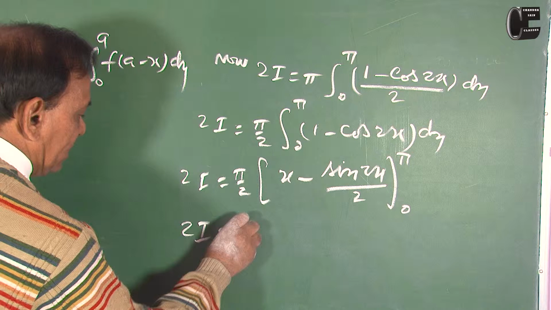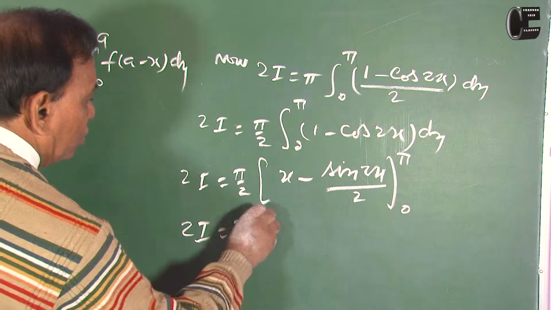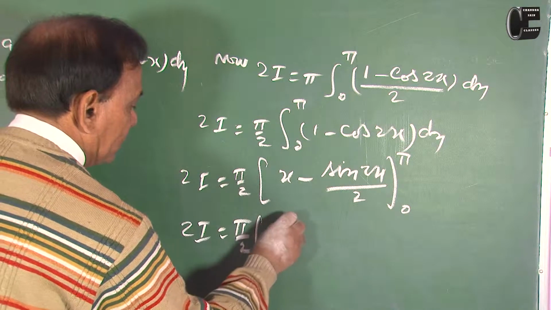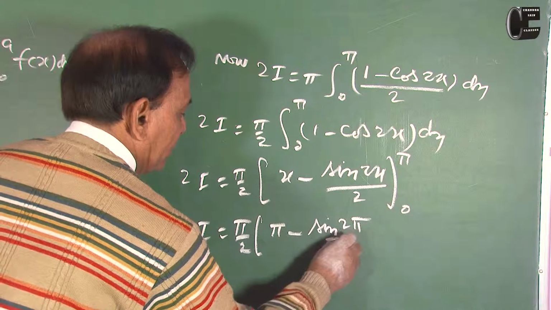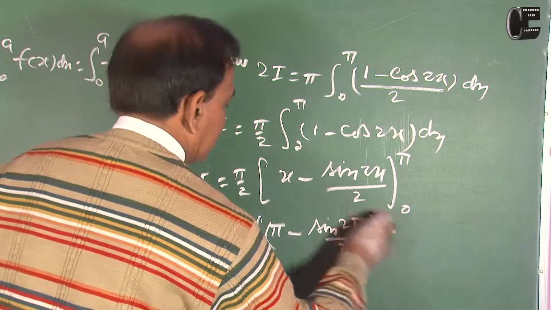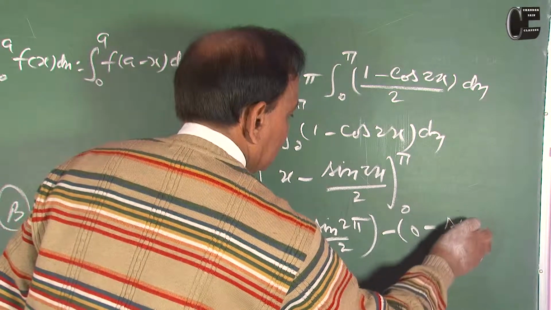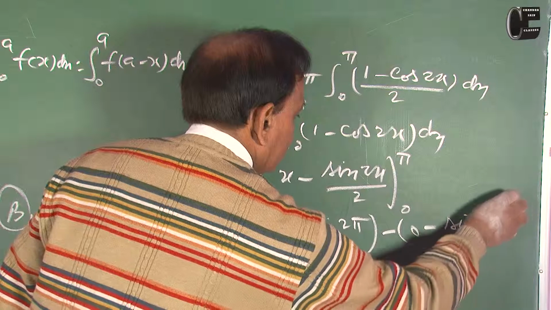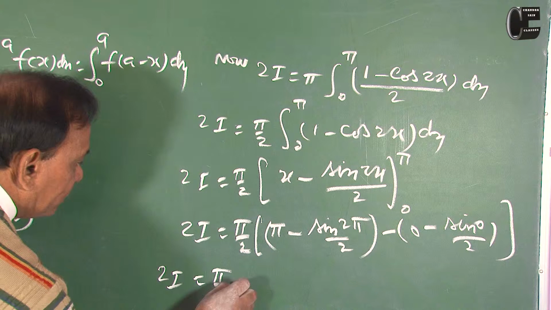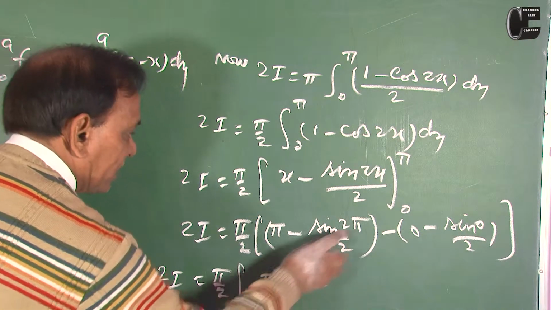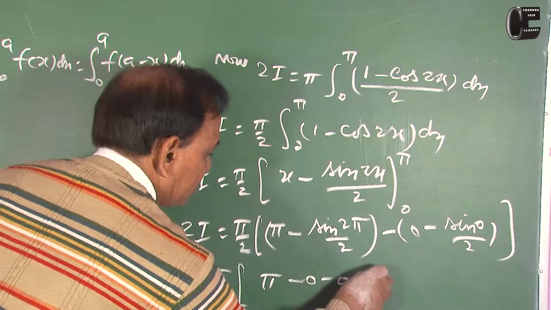2I equal to pi by 2, put upper limit: pi minus sin 2 pi divided by 2, minus 0, and minus sin 0, 0 divided by 2. 2I will be equal to pi by 2 into pi, sin 2 pi is 0 and this is 0.